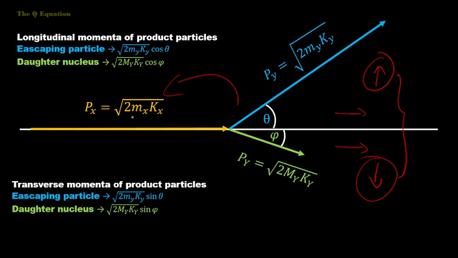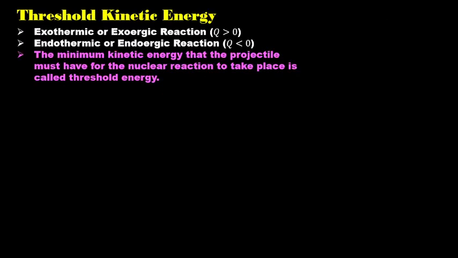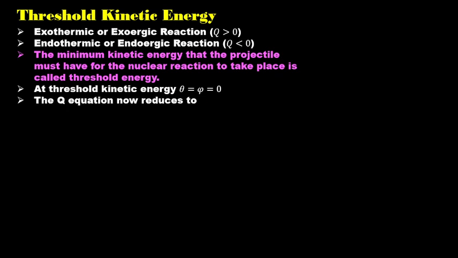So with the minimum kinetic energy of projectile, one does not have a transverse velocity component but only the longitudinal velocity component, in which the angles theta and phi are 0. This is important to understand: at a minimum kinetic energy of projectile, the angles theta and phi are 0, and this is where our analysis of threshold kinetic energy begins. At threshold kinetic energy, theta and phi are 0.